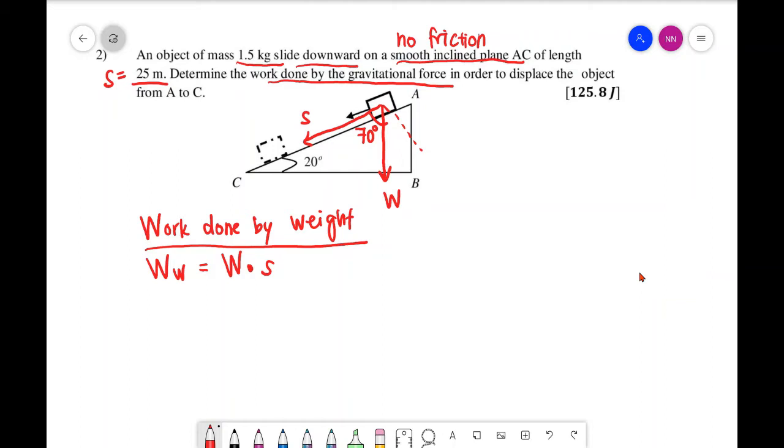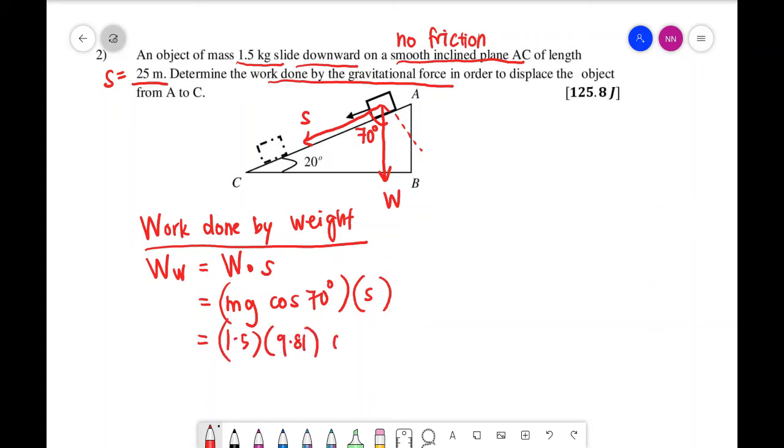So it is mg cos 70 degree times displacement. Substitute mass 1.5, g is 9.81, cos 70 degree, and displacement is 25. So 1.5 times 9.81 times cos 70 times 25.